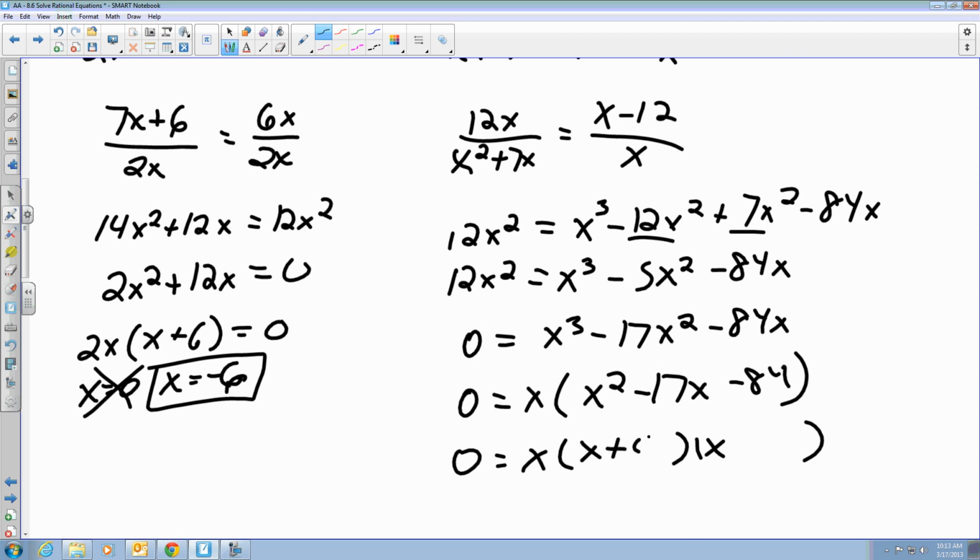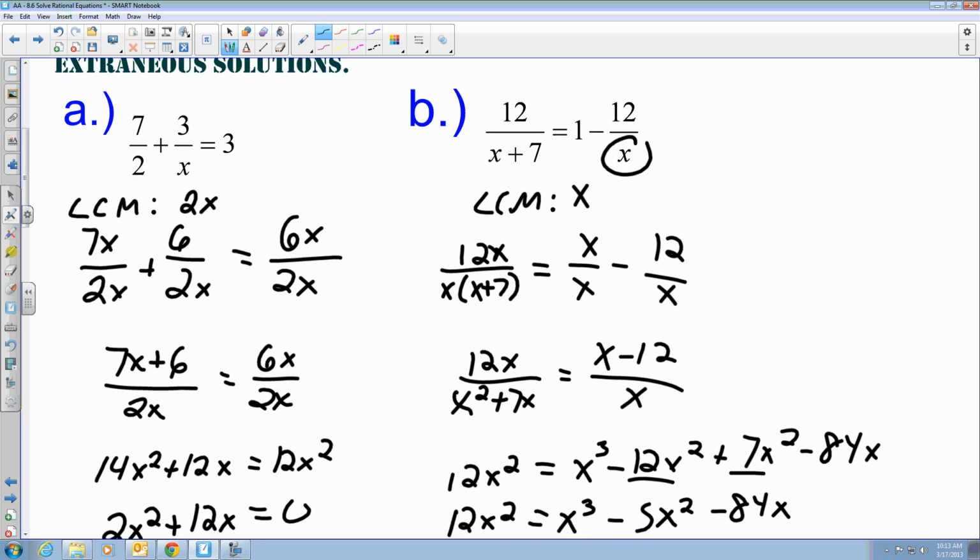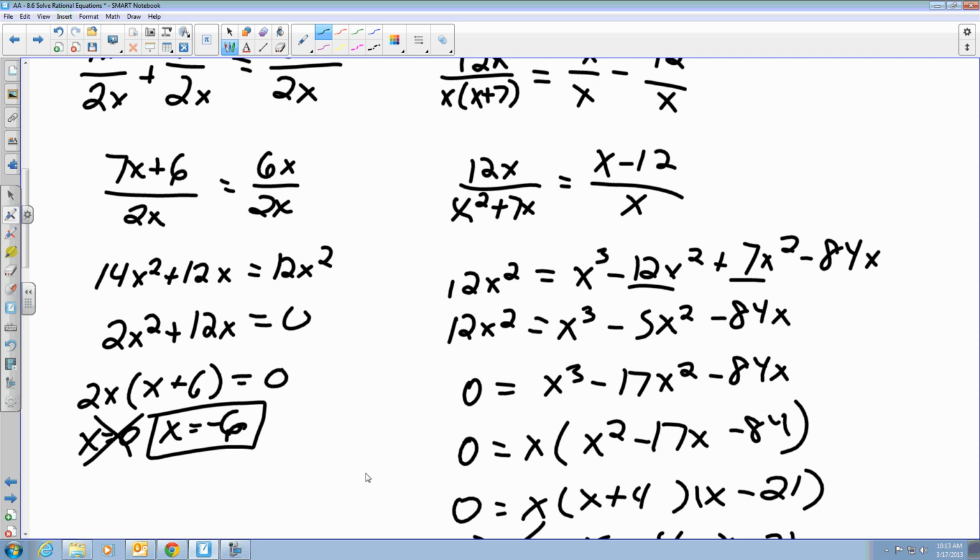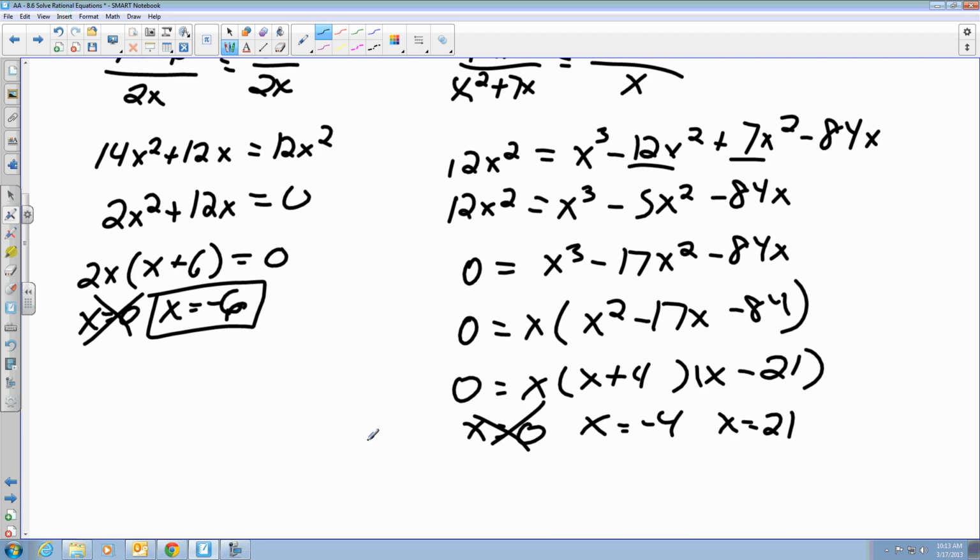So these are plus 4 and minus 21. And that means x could equal 0, x could equal negative 4, and x could equal 21. We know that it can't equal 0 because if we put it back into the original equation, it's undefined. So what does work is x equals negative 4 and x equals 21.